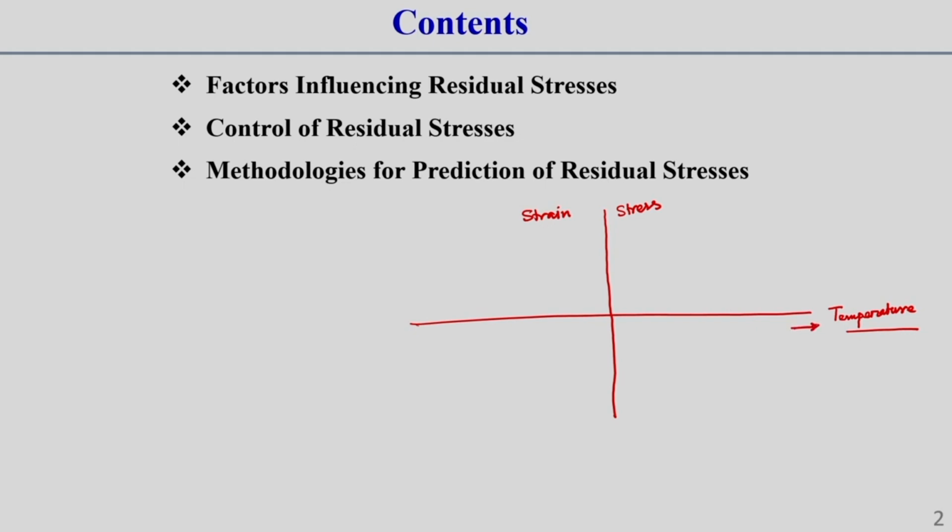Now, what happens if the temperature increases? Initially the plate is at room temperature. This horizontal axis also represents the temperature, how the temperature is varying.